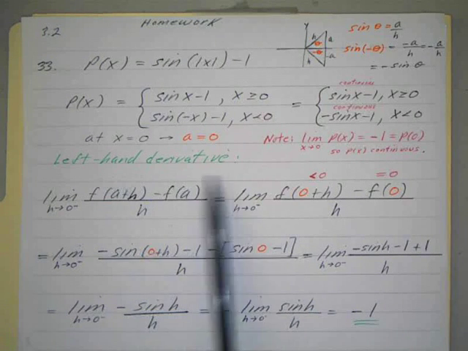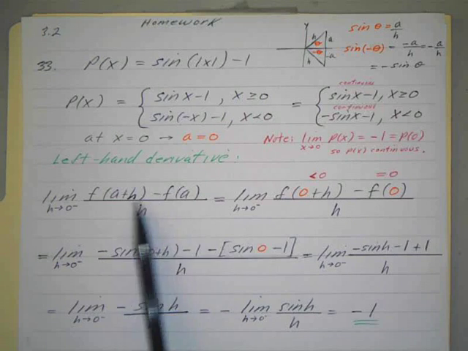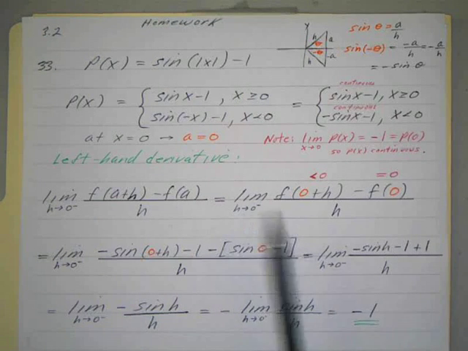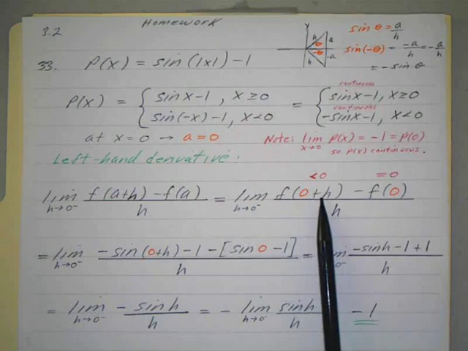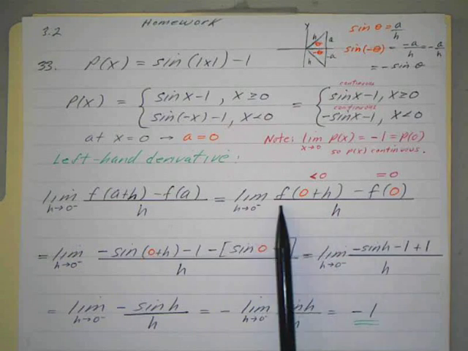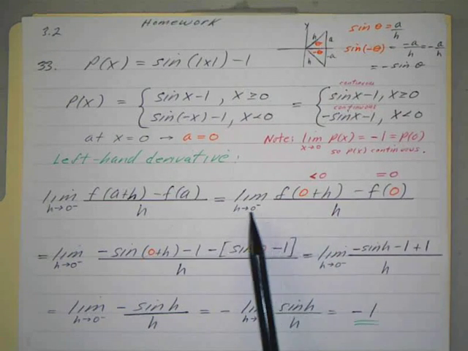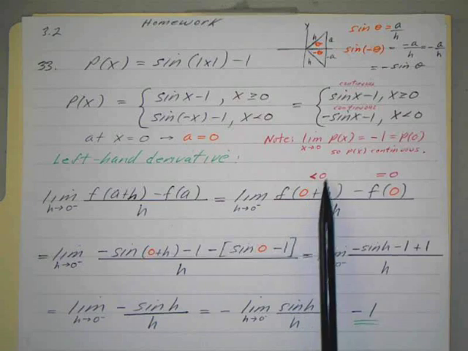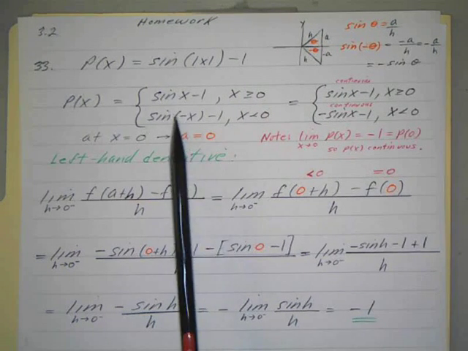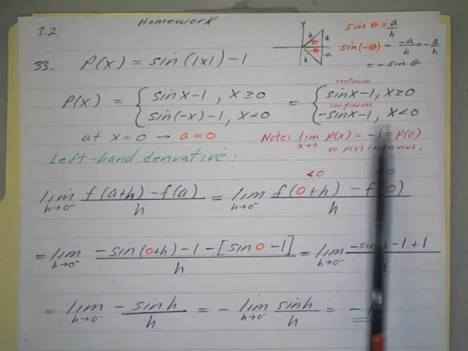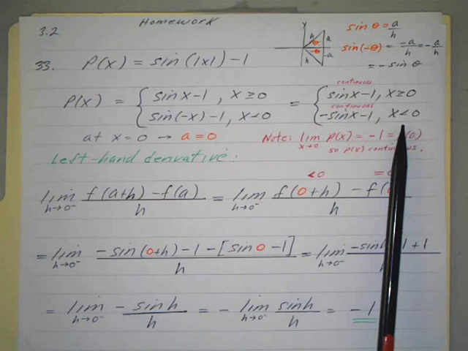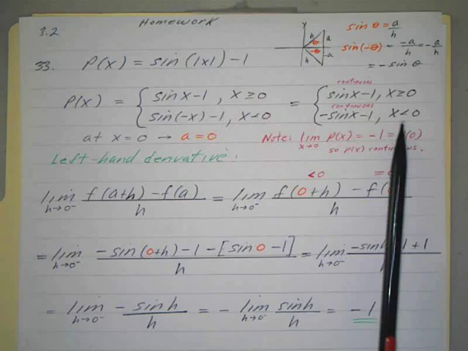So if I take the left-hand limit, that's going to be f of a plus h minus f of a, over h. That's going to be f of 0 plus h, minus f of 0, over h. Now remember, h is negative, so this will be to the left of 0, so I'm going to use the negative function. That's going to be negative sine of 0 plus h, minus 1.